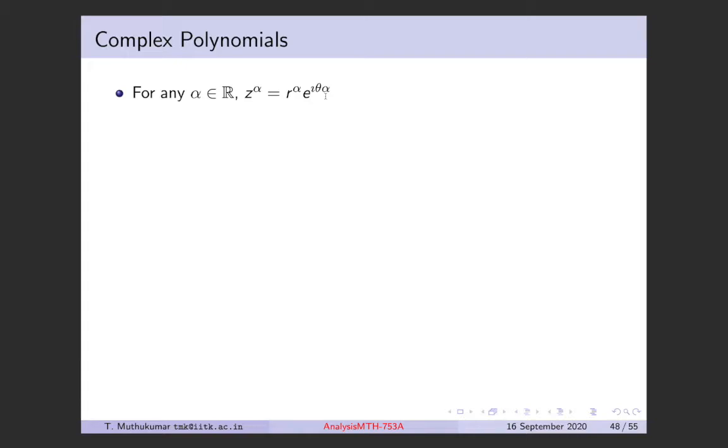But you see this theta, the domain of this theta has to be of length 2 pi, right? For any interval, if theta is coming from a domain of length bigger than 2 pi, then you have more than one representation for the value z.